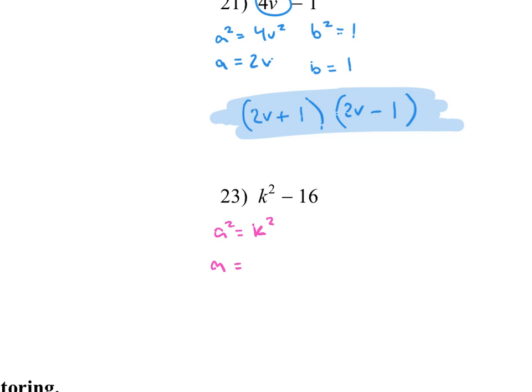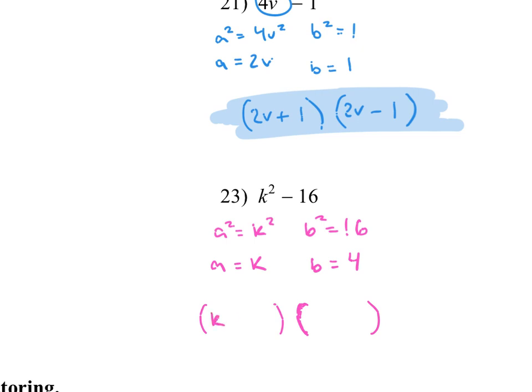And then b squared is equal to 16. So what's our b? 4. So then in our parentheses, what do we put? K plus 4 and k minus 4. Awesome.